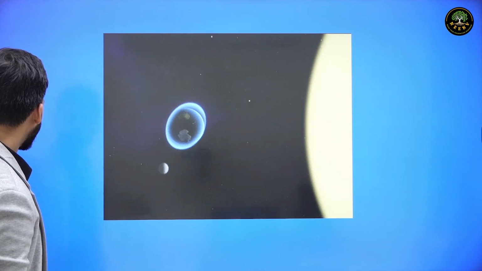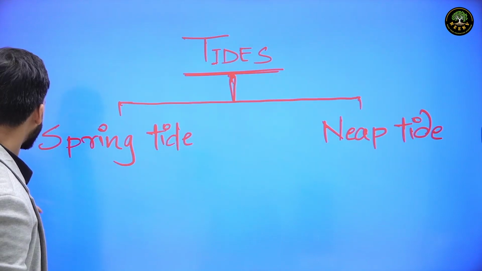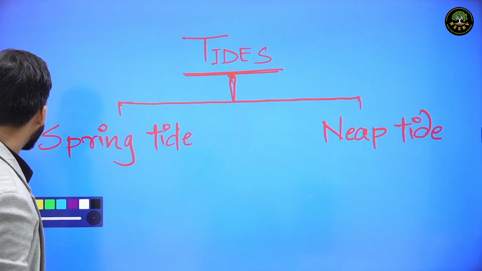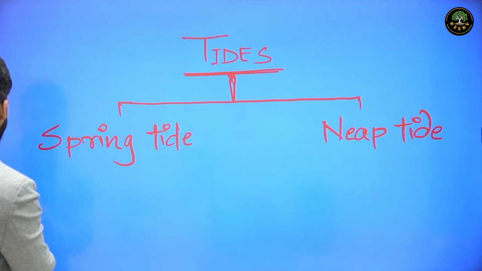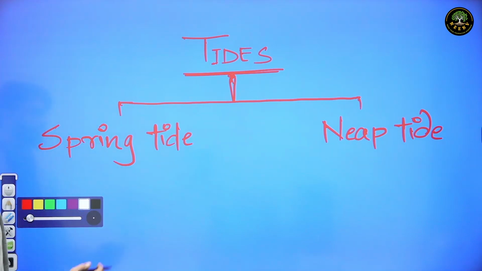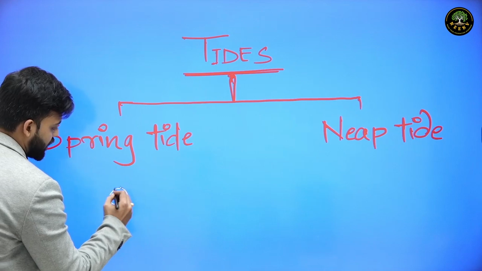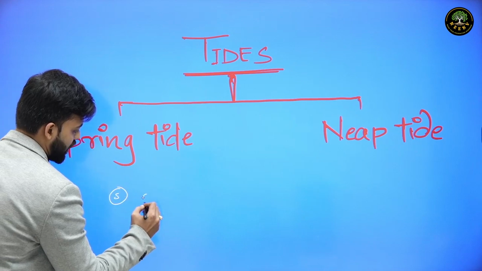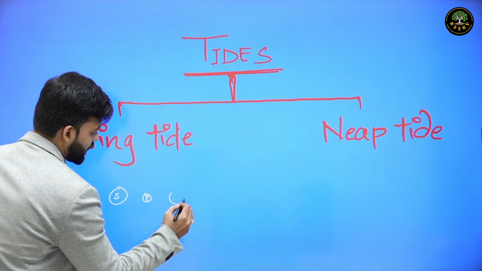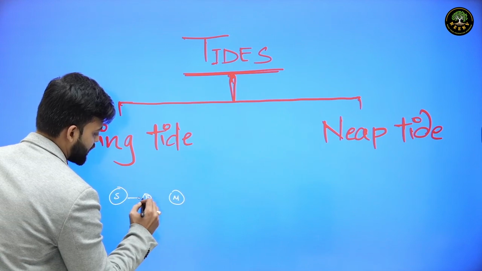Now there are different types of tides like spring tide and neap tide. Basically, spring tide occurs when the sun, earth and the moon are in straight line.